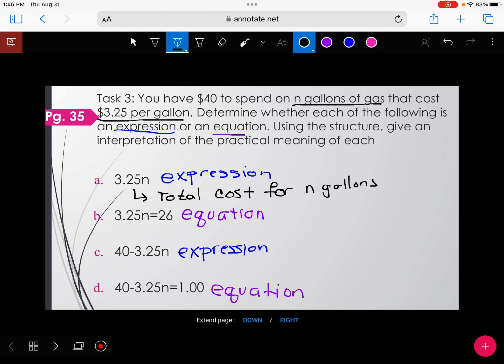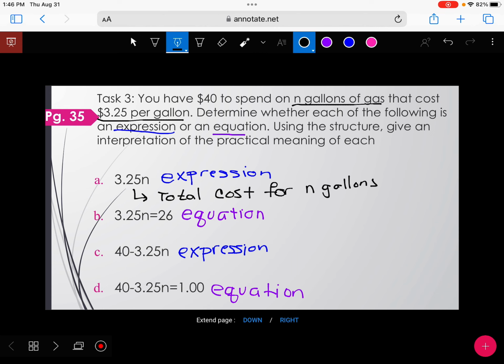So then if we take this chunk and we make it an equation, the 3.25n now equals 26. What does that mean? Yeah, it's saying that my total cost is 26.